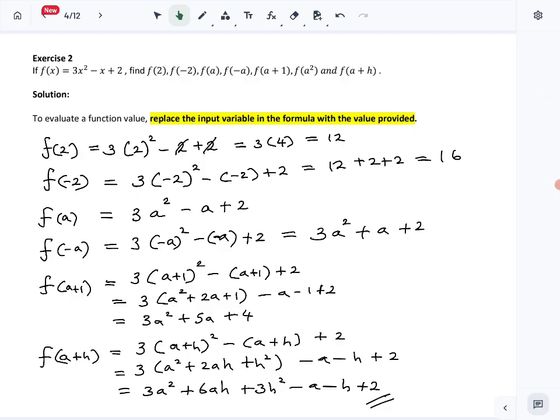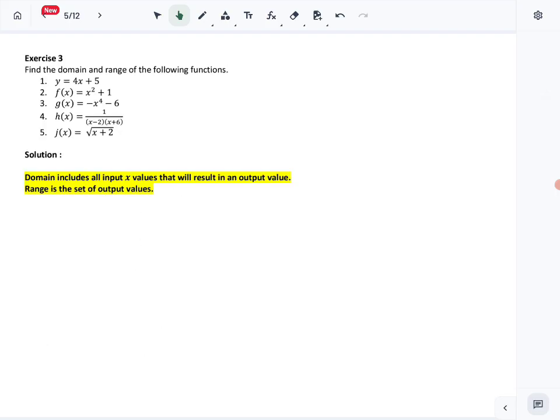So after we learn how to evaluate functions, now we need to know how to find domain and range of functions given in algebraic form, right? So let's go through this statement. So this is how we are going to do this. Domain includes all inputs.